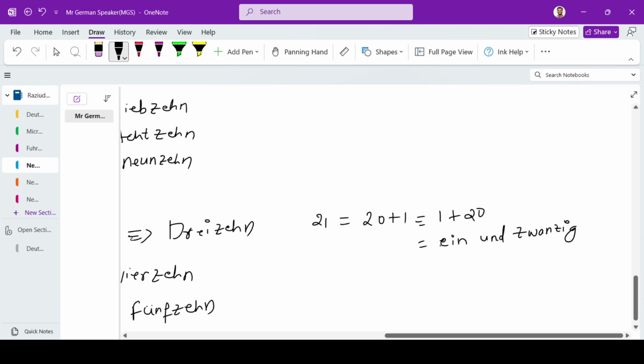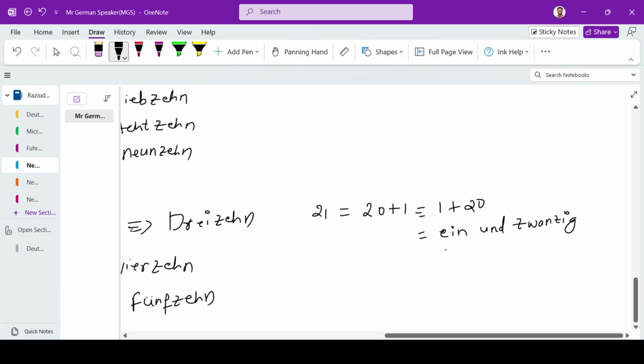Okay? So 21 is like 1 plus 20, right? But the literal meaning of plus is not und. Plus is called plus in German. So don't get confused that und is a replacement for plus. Und stands for and in English.